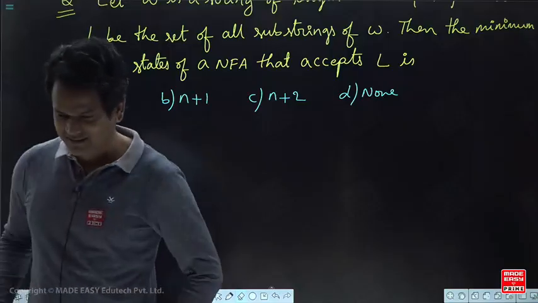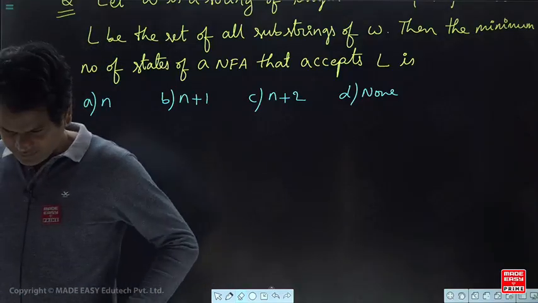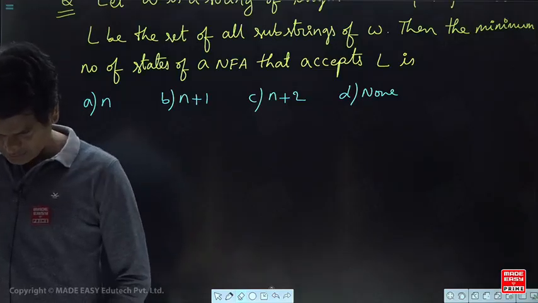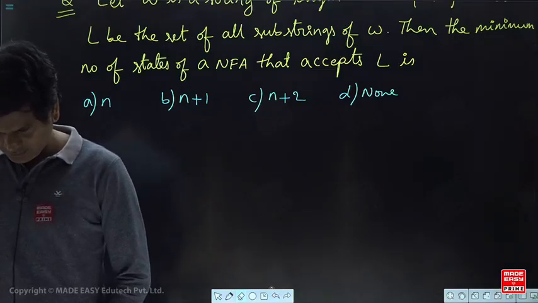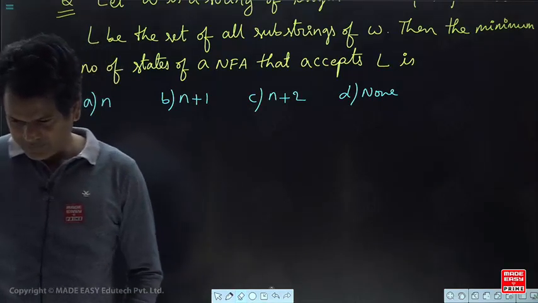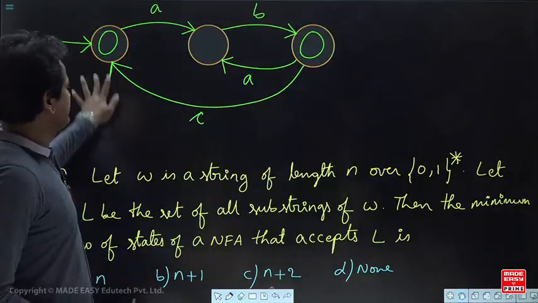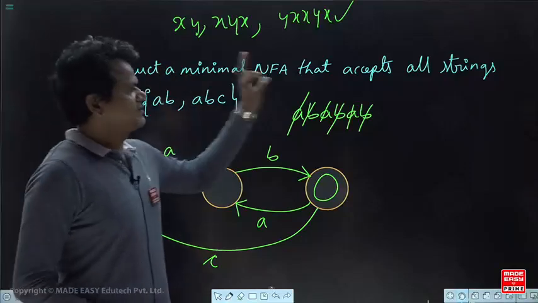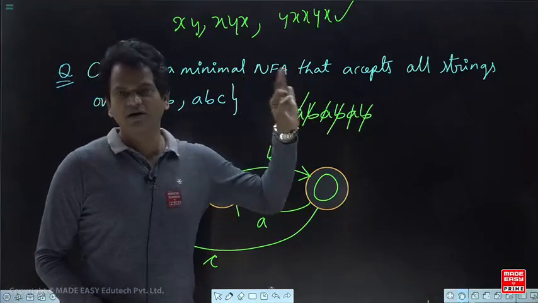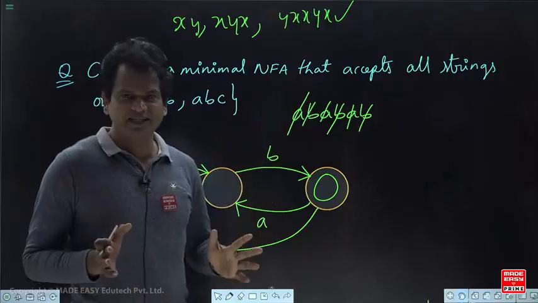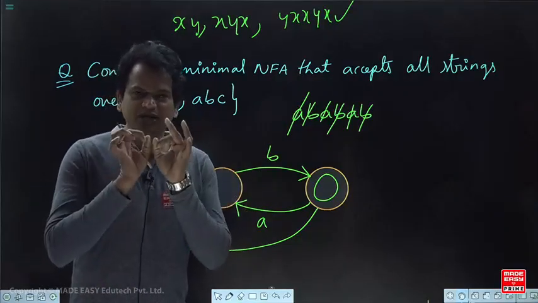All strings over {a, b} and {a, b, c}. Whenever I say all strings, all means everything, including epsilon.